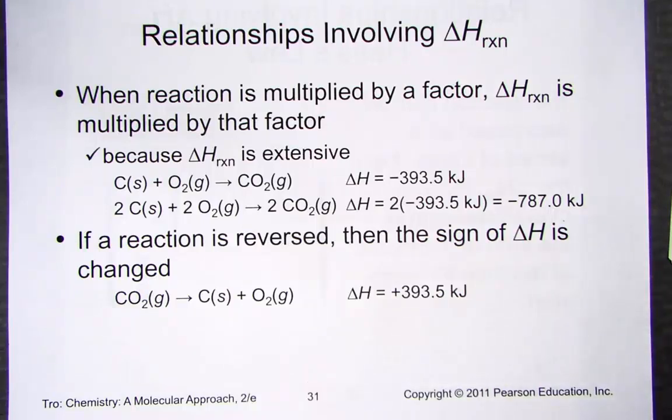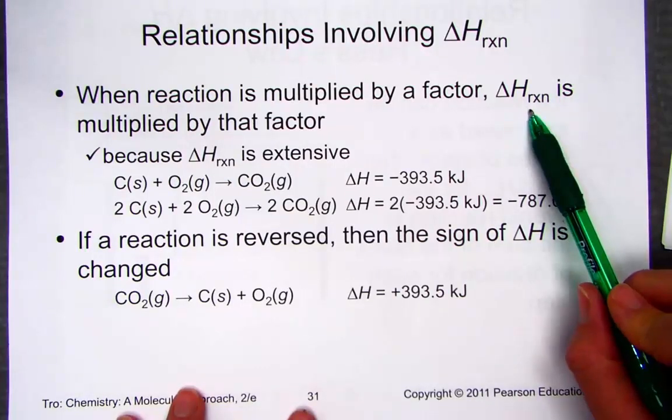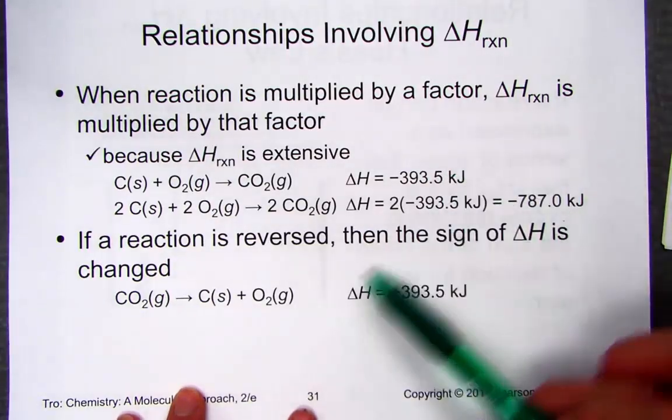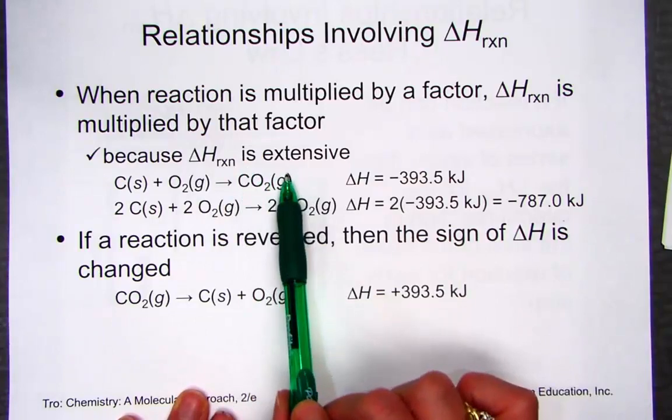In this section of our text, we begin visiting something known as Hess's law, those relationships involving the heat of a reaction, delta H. When reactions are multiplied by a factor, the delta H of the reaction is multiplied by that same factor. Recall that delta H is extensive.